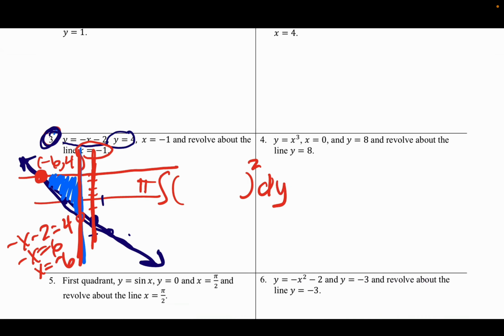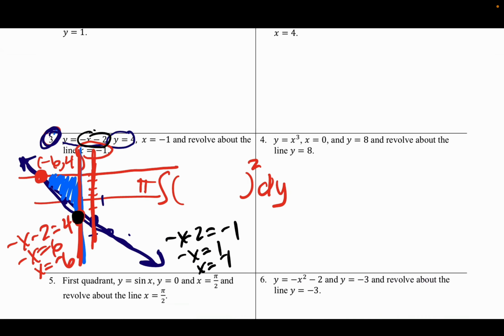My y's, oh, I need to find where it intersects down here also. So I need to know where this line intersects -1. So I have -x minus 2 equals -1. So I get -x equals 1, x equals -1. And of course we knew that.